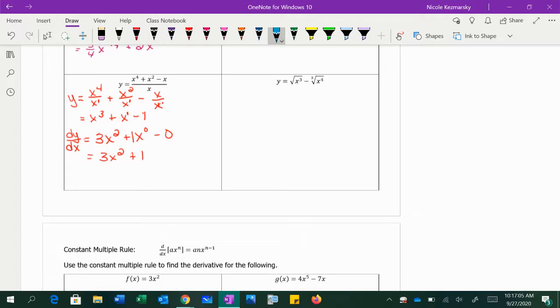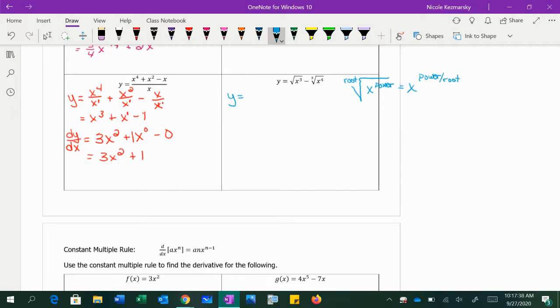When we have roots in calculus, they're not very useful to us, so what we do is we change the root. So before I take my derivative, I'm going to go ahead and rewrite this. The root is 2 in this first example, and so when I have a root and then I've got x to a power, it is going to turn into x to the power, whatever that number is, over root.